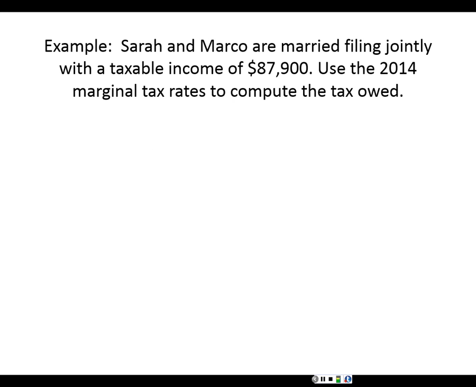When you look at the table, we want to look under married filing jointly and figure out what level, what tax bracket, do we fall into with $87,900. Well, if you look down the table, you'll see that that income goes up to the 25% bracket.